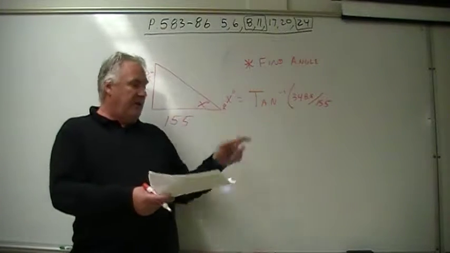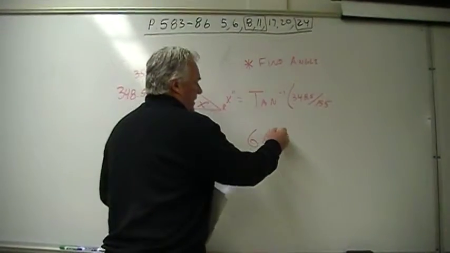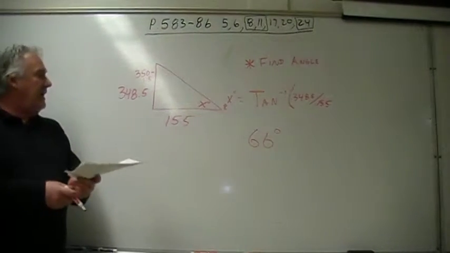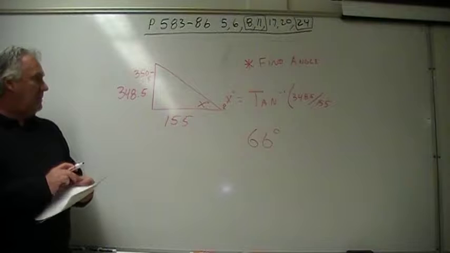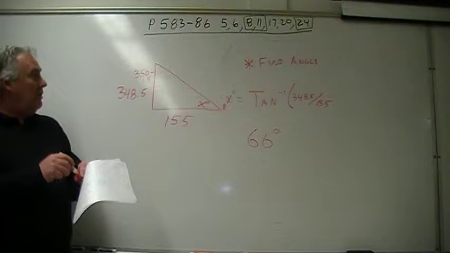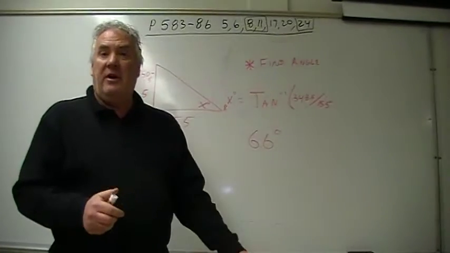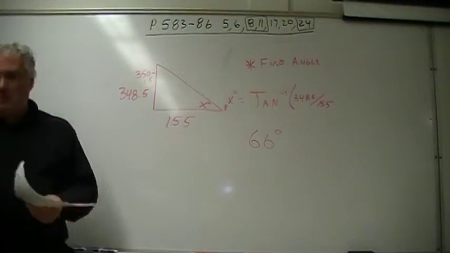And when you do this inverse tangent, you will get 66 degrees. That's the measure of that angle of elevation from here. Okay? So that's the first one. That one's a fair one that you would see on your test that you're going to have next Wednesday.